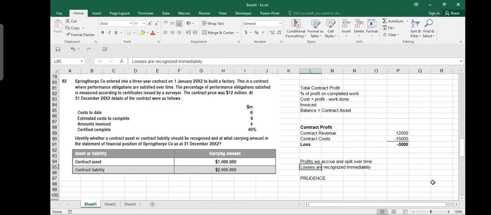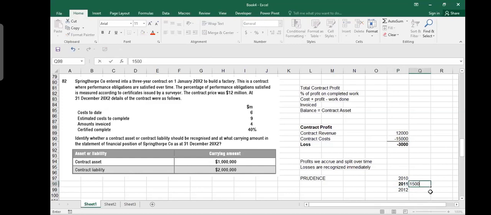Now let's suppose that you have a big contract which has 3 years life, and you expect that your total loss will be 3 million. So contract will continue in 2010, 2011, 2012. In 2011, you identify, you estimate, you realize, you calculate that this project is going to end up in 3 million loss. So total loss will be 3 million and the contract still has 2 years life.